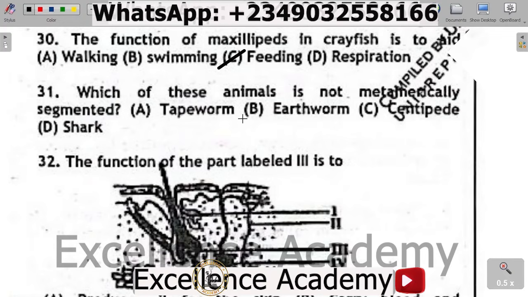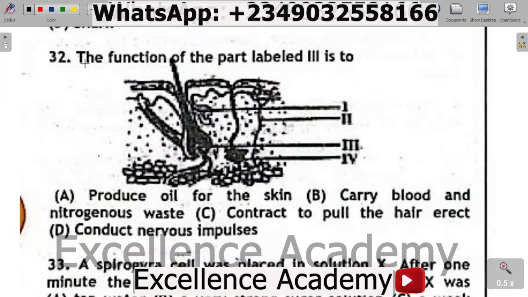Earthworm. Question 32. The function of the parts labeled I is to A. Produce oil for the skin. B. Carry blood and nitrogenous waste. C. Contract to pull the hair erect. D. Conduct nerve impulses. The correct option is C. Contract to pull the hair erect.